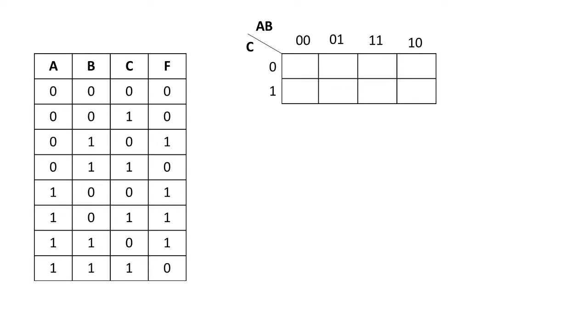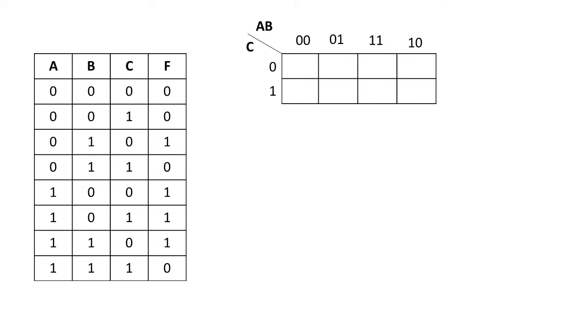Now let us draw the Karnaugh map using this truth table. First start with the first row of the truth table. All the inputs A, B, C are 0, and the function F is also 0. Where are we going to put the value of the function? In the K-map, we have to find the exact location where A, B and C are all 0.